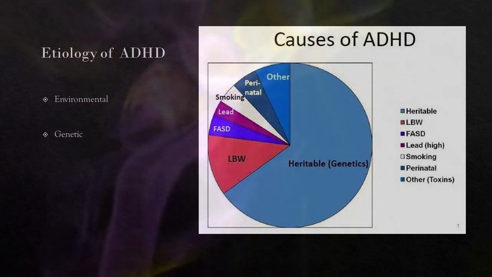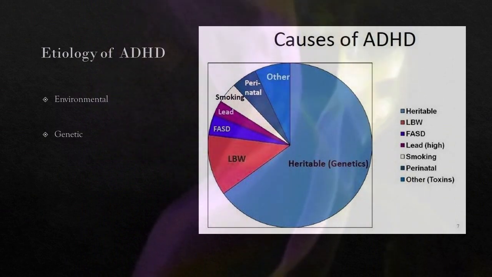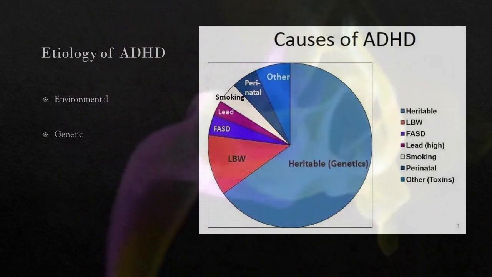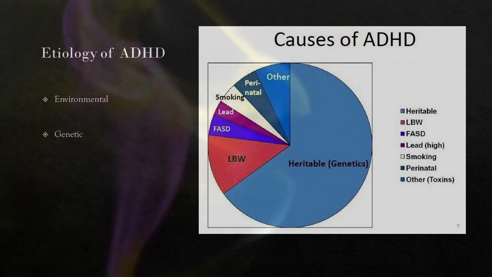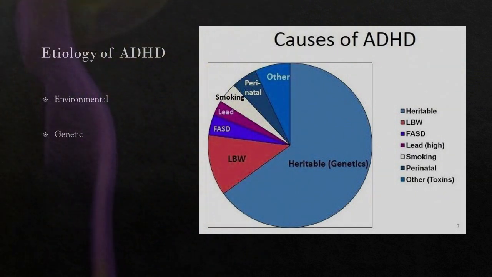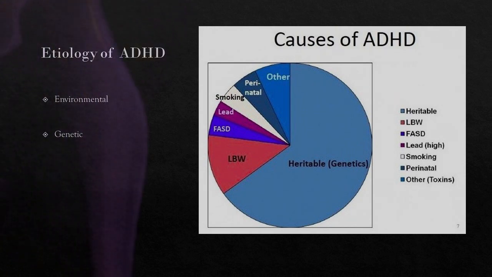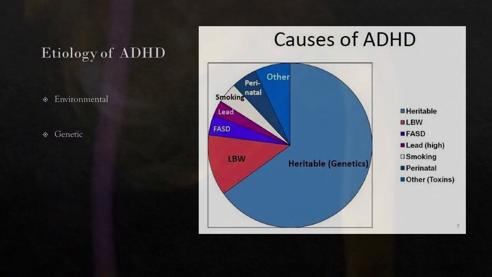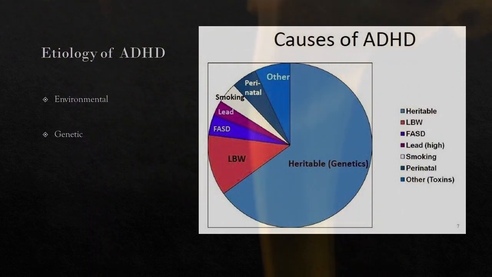Lead is essentially deadly to neurons and to the development and sustainment of neurons. And so when lead gets into the system, it can have a profound effect upon a child's brain development. Of course, though, there are some other areas that play into this.